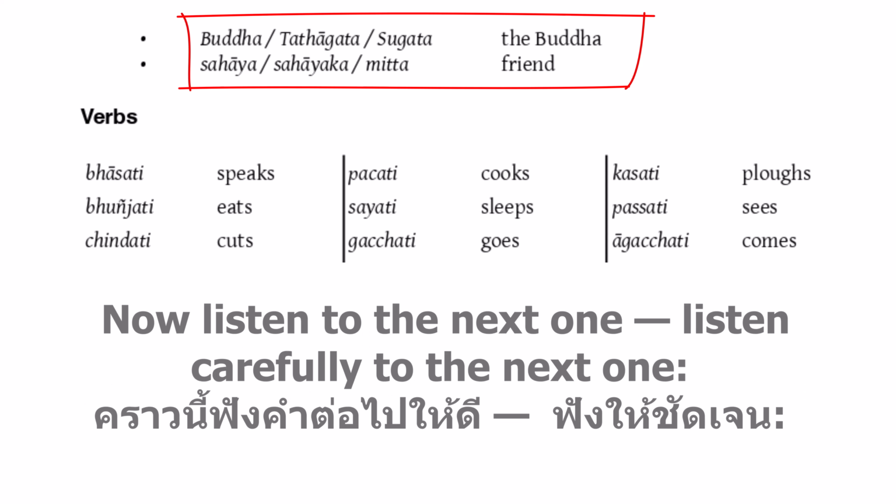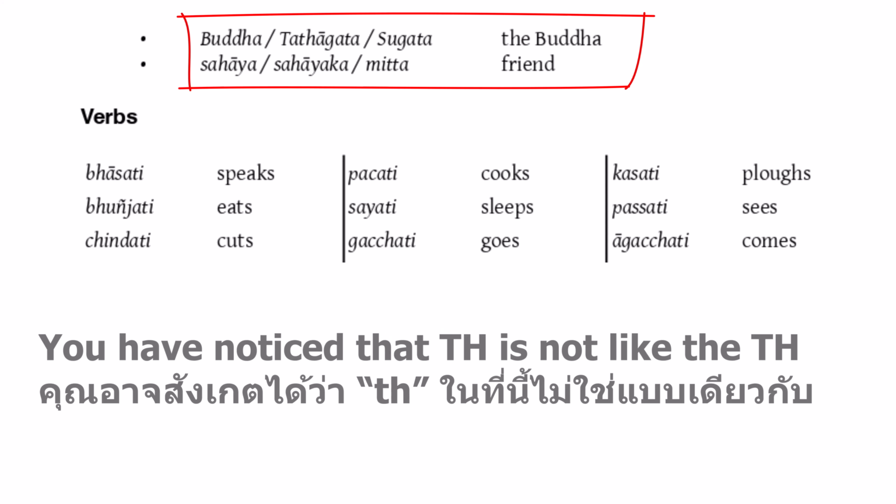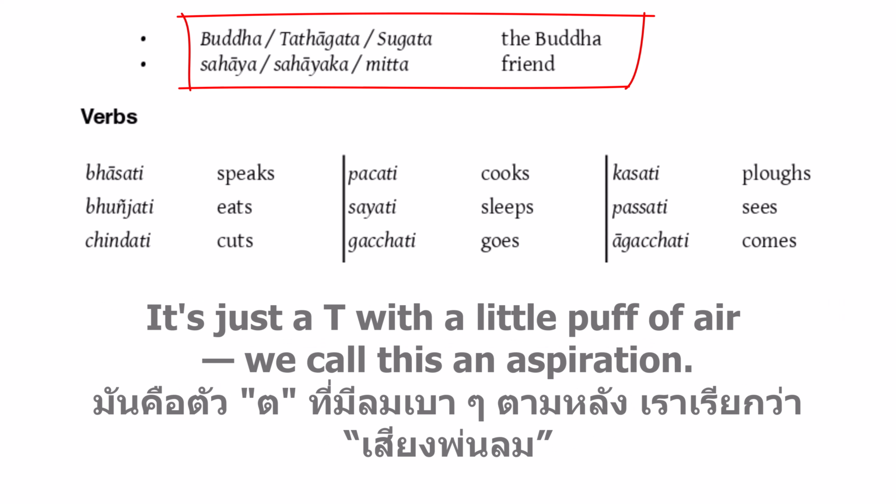Okay, now listen carefully to the next one. Tathagata. You've noticed that th is not like the th in "that" or "those", but it's more like the th in Thomas or Teresa. It's just the t with a little puff of air.